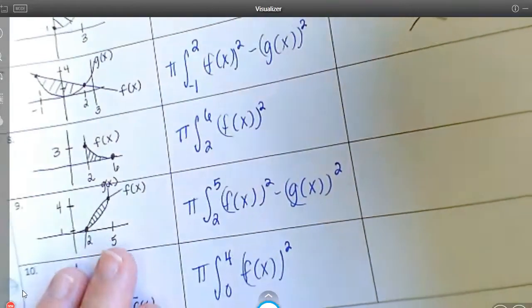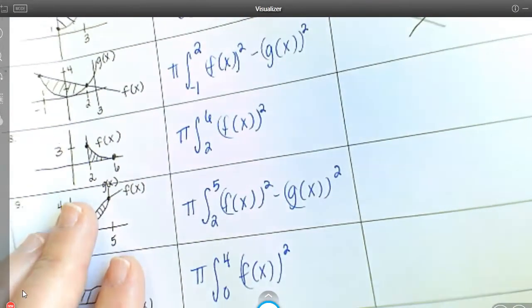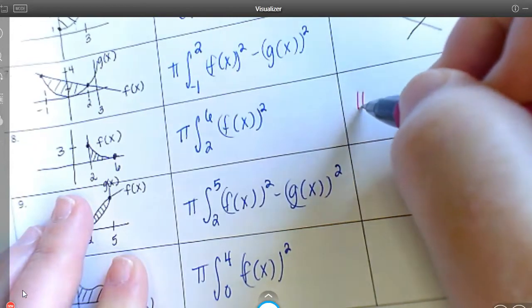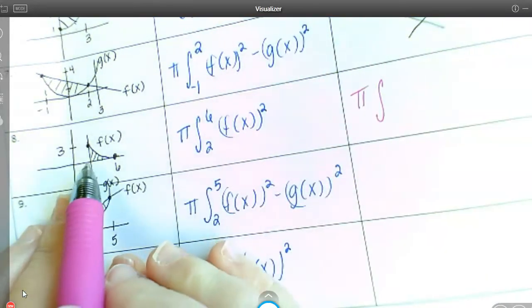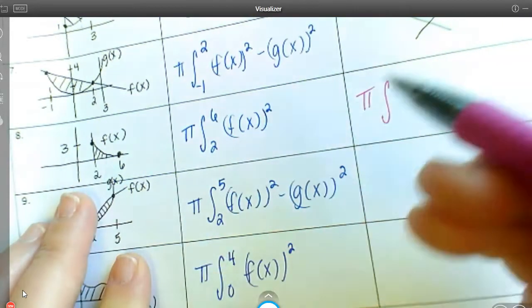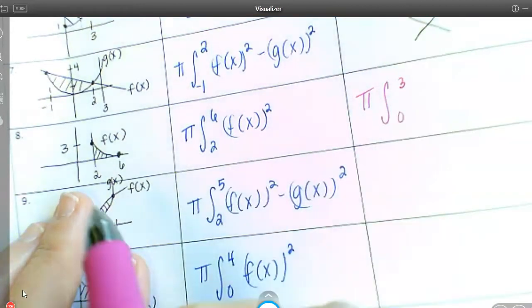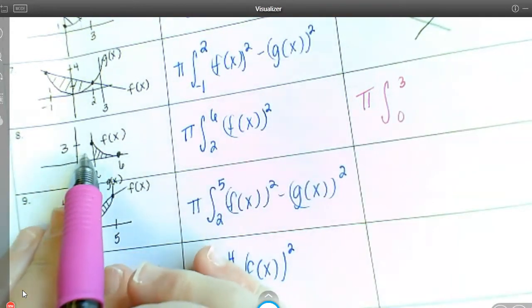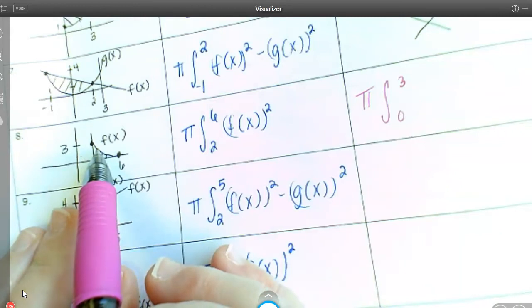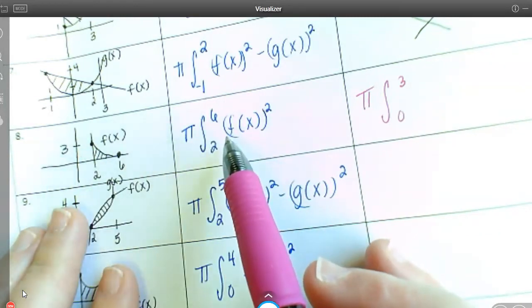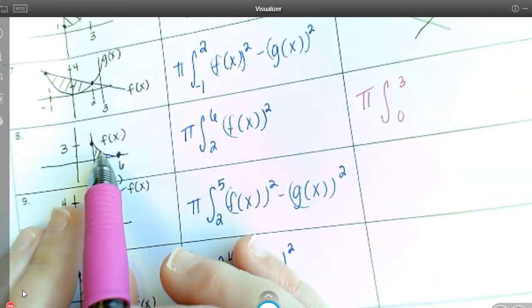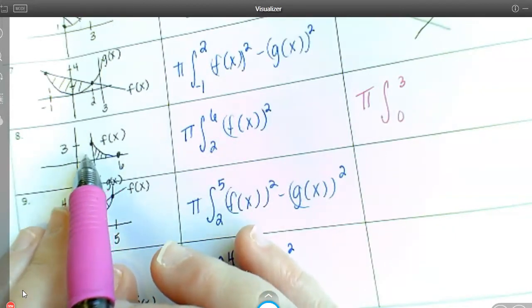So, let's look at 8. So on 8, it's still going to be 0 to 3 because I'm using the y-axis. And I'm going from the y-axis to the outside. So on this one, there is a hole. Notice with the x-axis, there wasn't. So that could totally change with y. But it's going to be the f of x one, and then my hole is the cylinder.